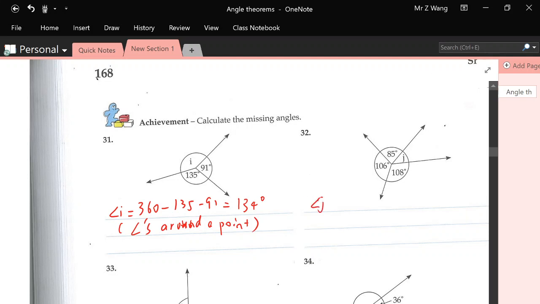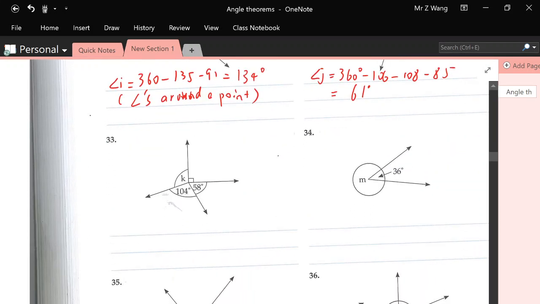This is angle J equals 360 minus 106 minus 108 minus 85. You can use a calculator or your mental strategy. So this is 214, 85, 299, so that's 61 degrees.